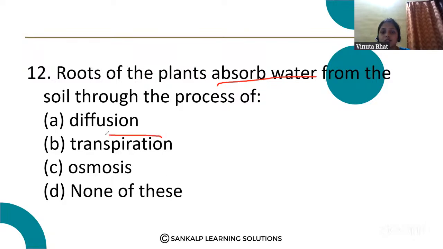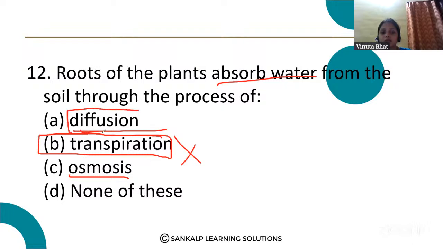Here, transpiration is the loss of water, so transpiration is the wrong answer. Osmosis, diffusion. So through the diffusion process, the water will enter into the roots from the soil.